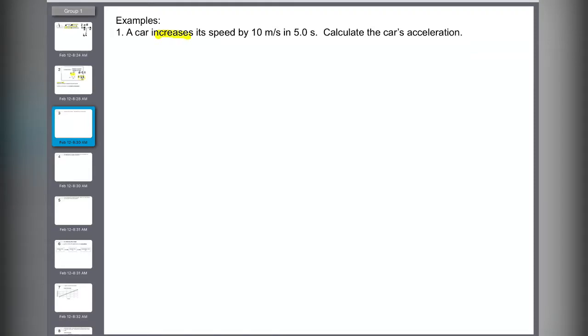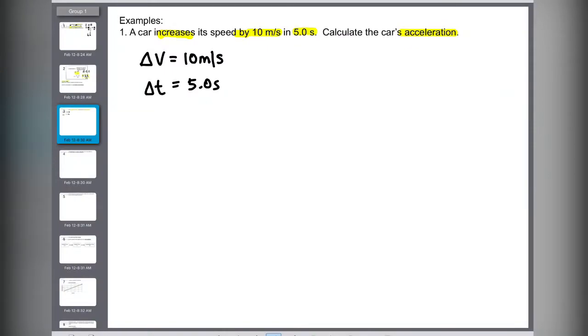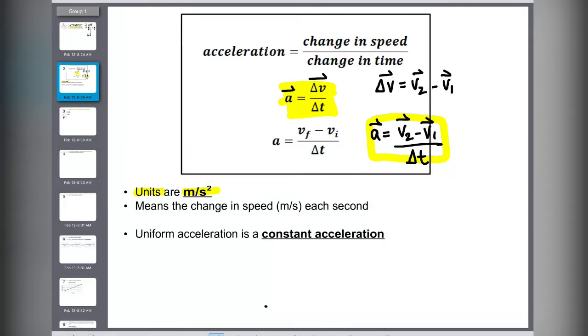Okay, so questions for you. It tells you a car increases the speed by 10. That is your change in speed, right? How much did the speed change? It changed by 10 meters per second in 5 seconds. What variable is 5 seconds? They're asking you to calculate the car's acceleration, so A is what they're looking for.